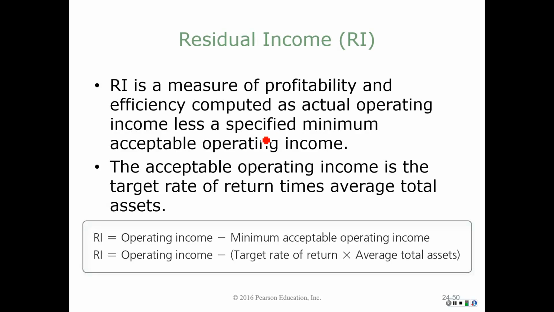And so we have what your book says, the acceptable operating income that we're going to use as our minimum is going to be generated by this target rate of return. So management actually will establish a target rate that we're looking for times the average total of assets to generate a minimal acceptable operating income, and then we use the residual income usually along with our return on investment.